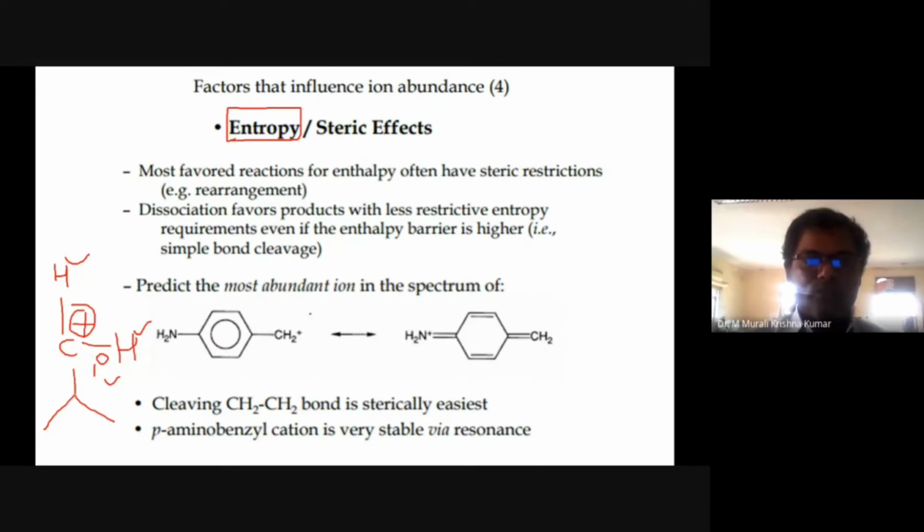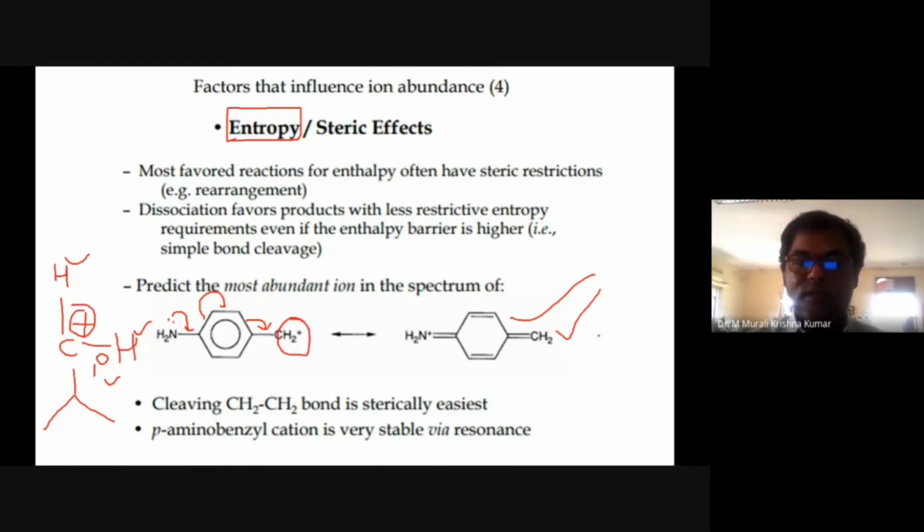And this entropy is what forces the electron density that we have on the nitrogen of the amine to move, and thereby it forms a quinone type of structure like this. So what actually forced the benzylic carbocation to go into this type of situation? It is the entropy at this particular center.